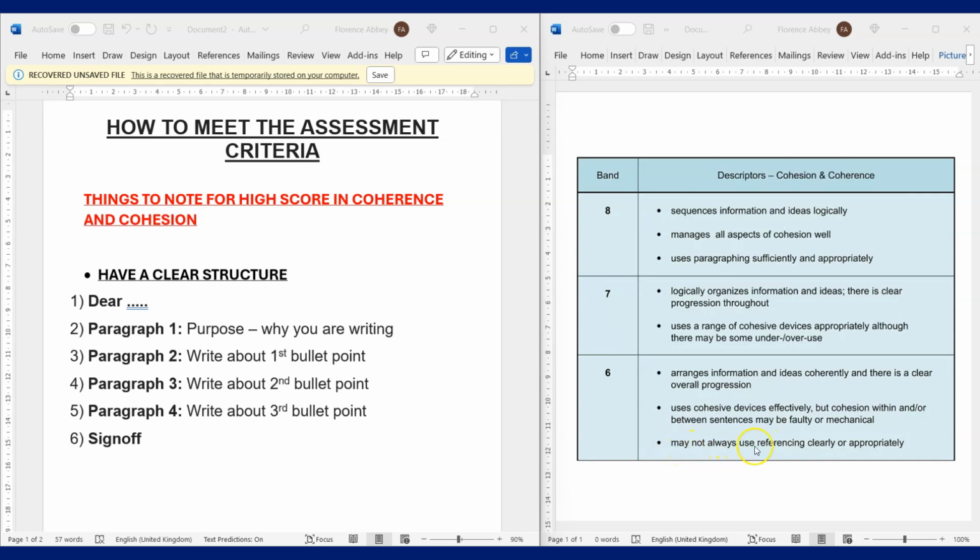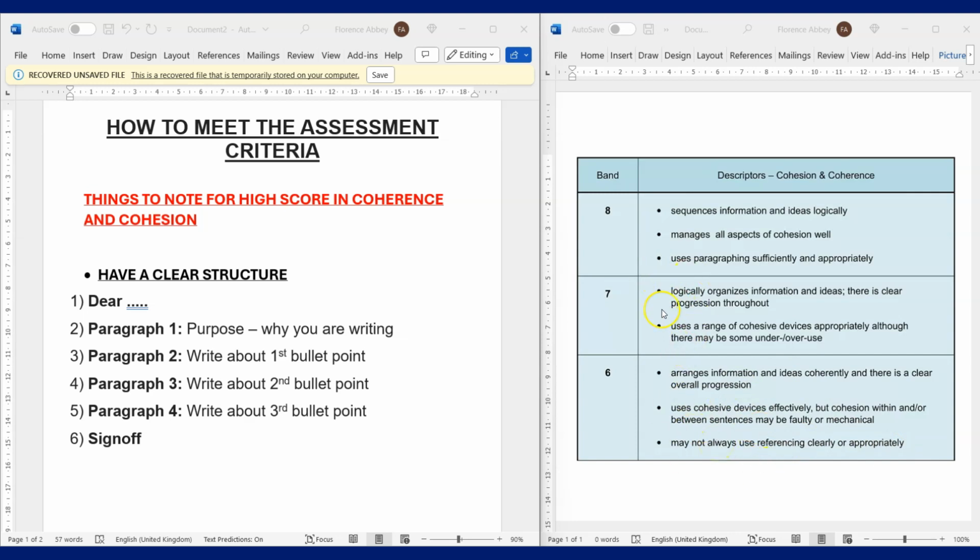And the person may not always use referencing. This talks about pronouns, so the person doesn't use pronouns to refer clearly or appropriately. Sometimes the person will use them but doesn't use them appropriately, and if you do that, you'll be getting a band 6.